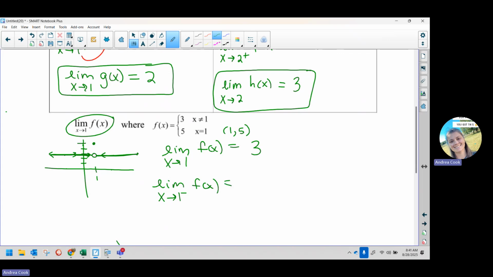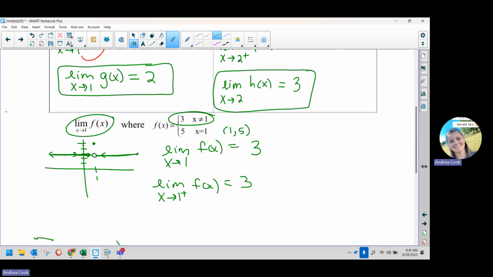If I'm approaching 1 from the left, I'm at this branch. If I approach 1 from the right, I'm also on this branch, which is 3. So you don't have to hit the target, you just have to approach it.